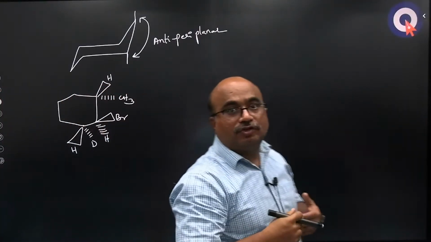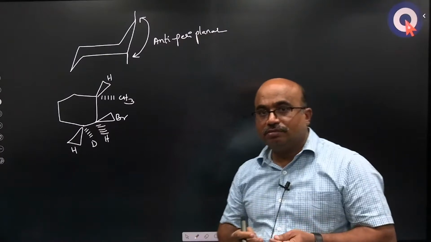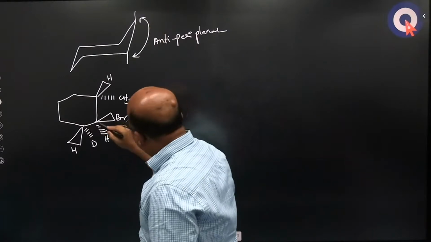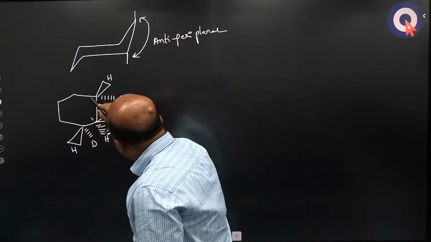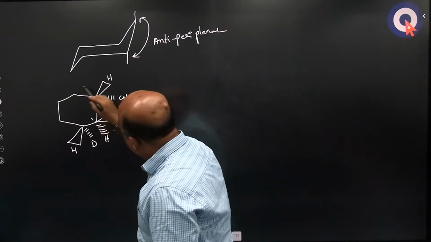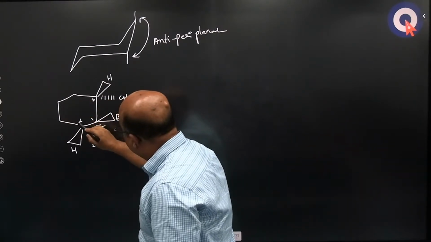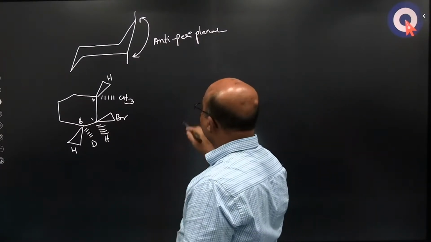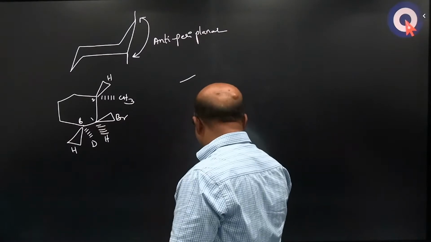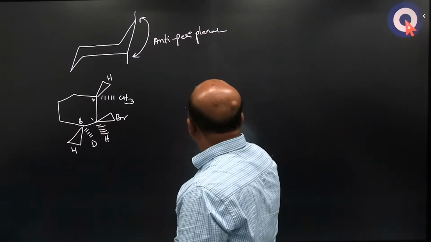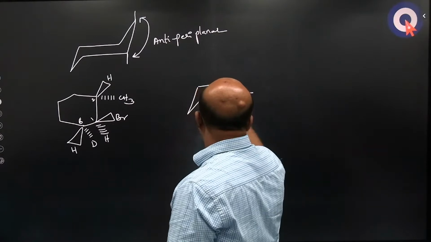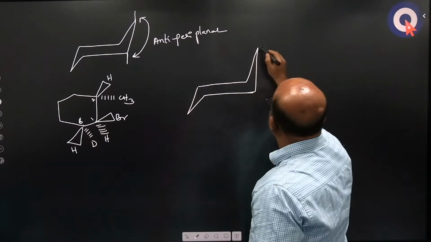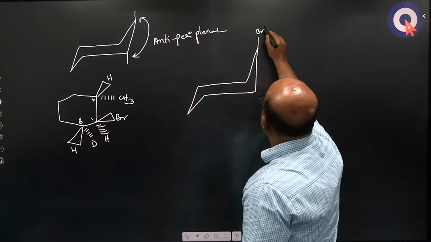But when we convert this into the chair conformation, suppose assume this is the Br carbon. I assume this carbon is 1, this carbon is 2, and if you go on like that, it may be 4, oh sorry, 6. So what we see is the chair conformation of this, assuming this as 1, that is Br is above.